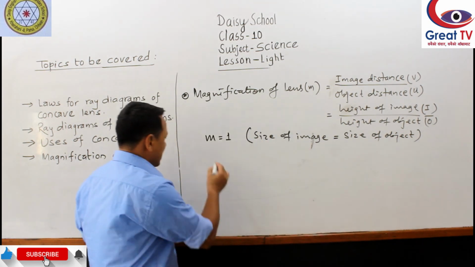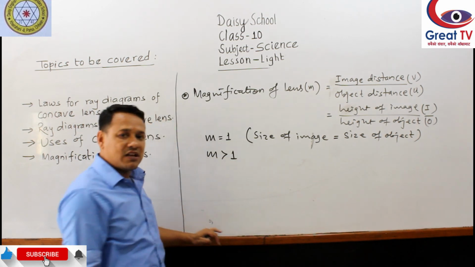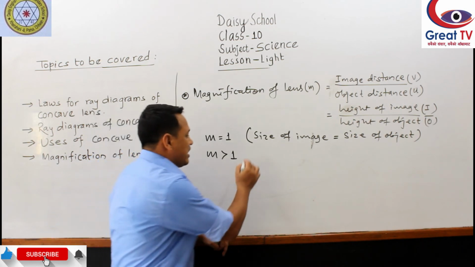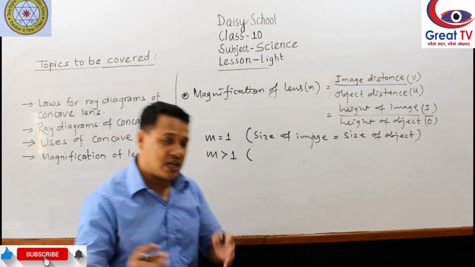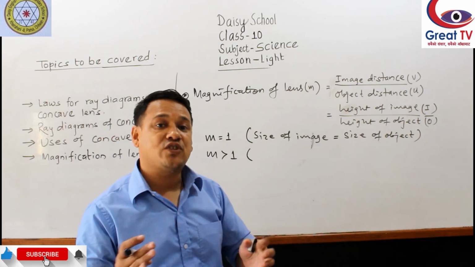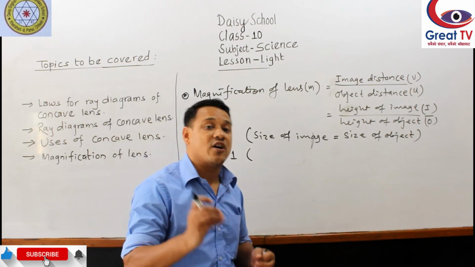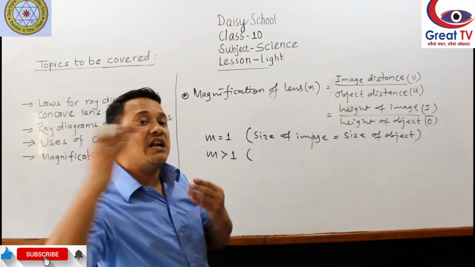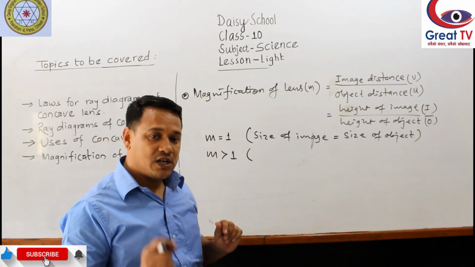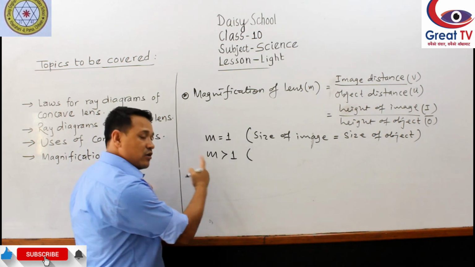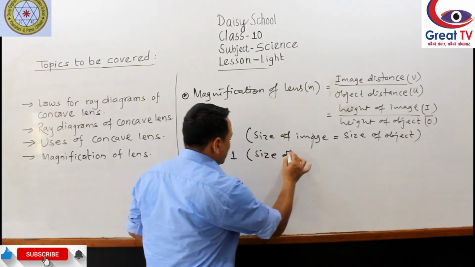Similarly, if the magnification value is greater than 1, it means the size of image is bigger than the object. When we keep the object between f and 2f of a convex lens, the image is found behind 2f on the other side of the convex lens. At that time, the image will be magnified, so the magnification value will be more than 1.